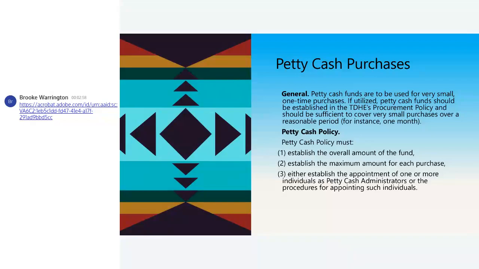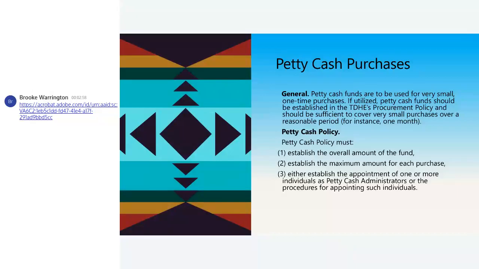You have to be careful. Petty cash funds are used for very small one-time purchases. If utilized, petty cash funds should be established in your procurement policy, and should be sufficient to cover very small purchases over a reasonable time, for instance, 1 month. So you write your rules for that particular policy.